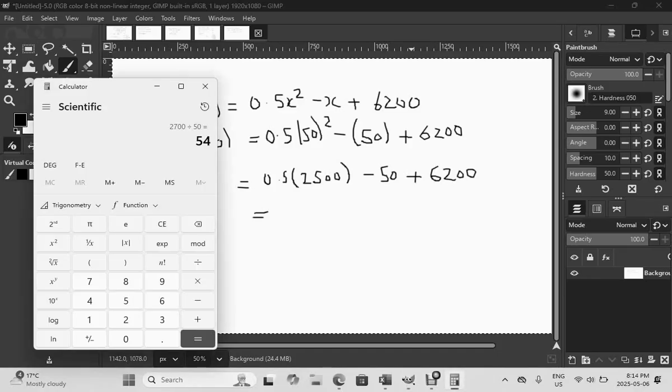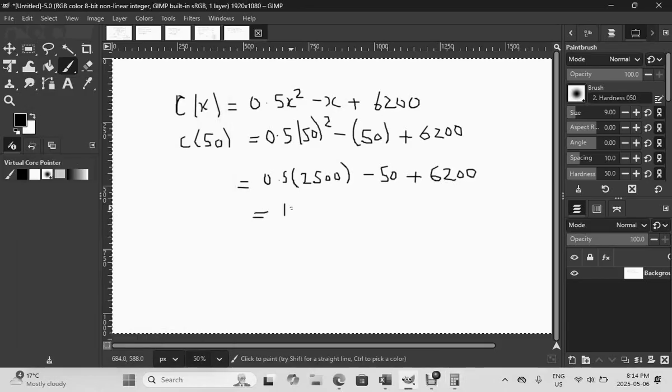Let's figure that one out. This is 1,250, minus 50, plus 6,200. So this will be 1,200 plus 6,200. So C(50) will be 7,400.